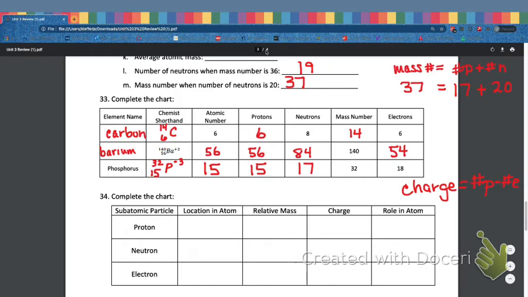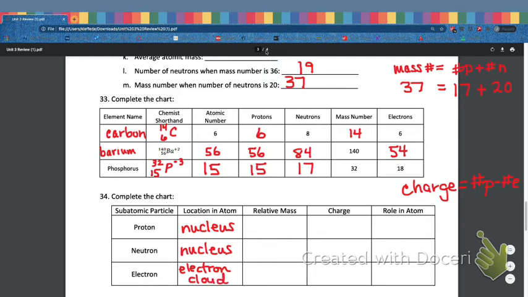Okay, so complete the chart. We have to know where the subatomic particles are and what their charges and masses are. The protons and neutrons, remember, are in the nucleus. And the electron is in the electron cloud, sort of swirling around the nucleus.